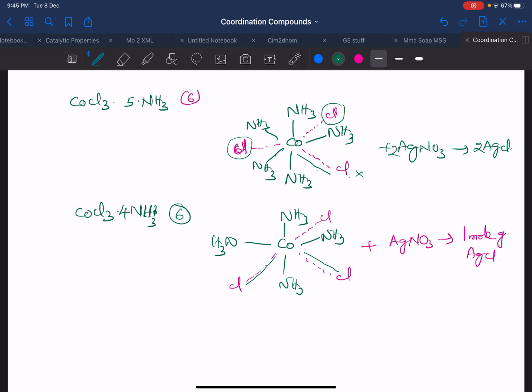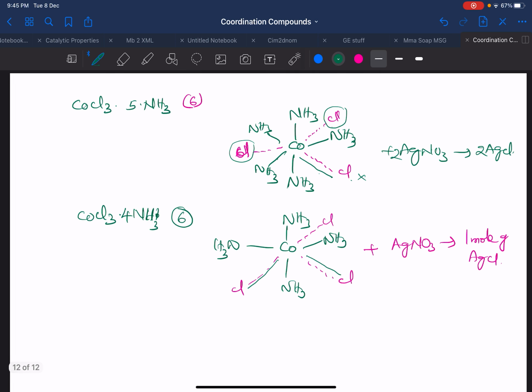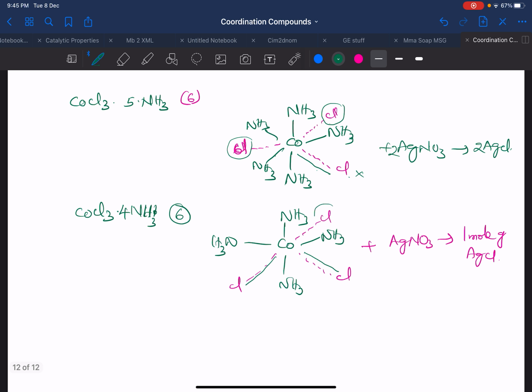So 2 chloride ions satisfy both ionic valency and coordinate valency, and only one free chloride ion is there, which gives the AgCl precipitate.